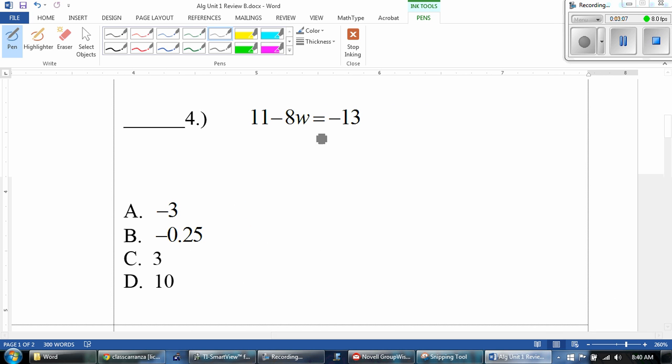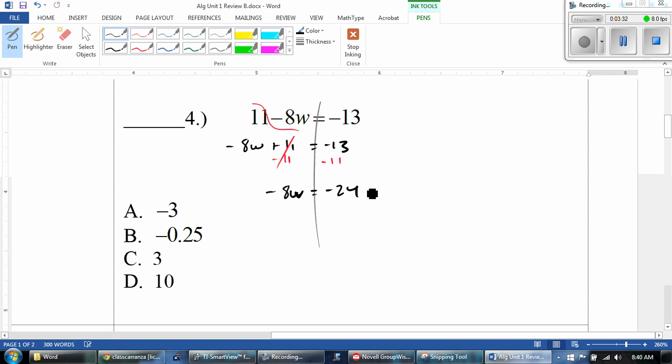All right, number 4. Now, if it's kind of hard to see what to do first, you might want to rewrite this. So it's -8w plus 11 minus 13, equals -13. And so the first thing we would do is subtract 11. And we get -8w equals -24.